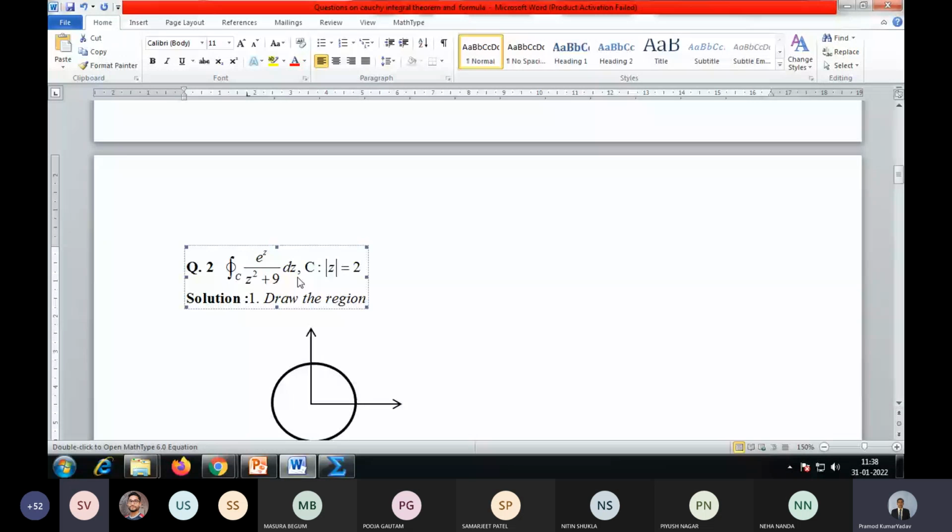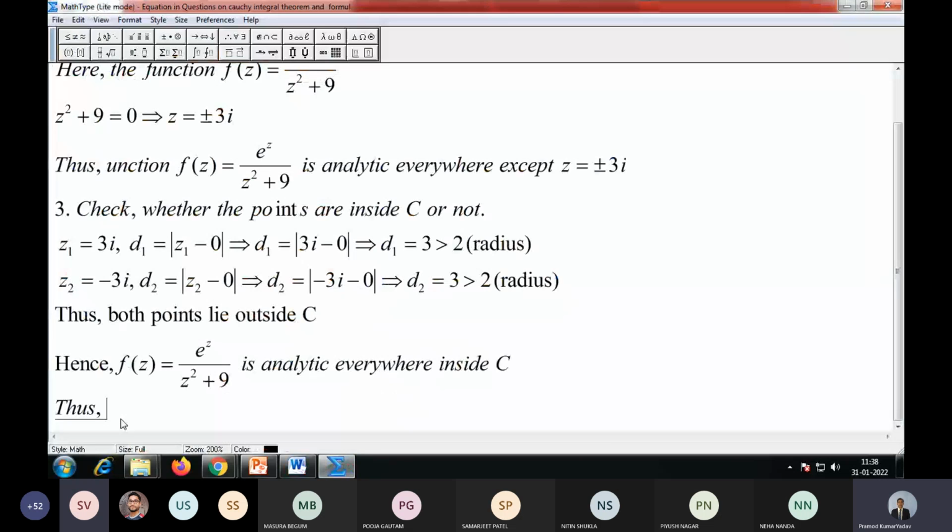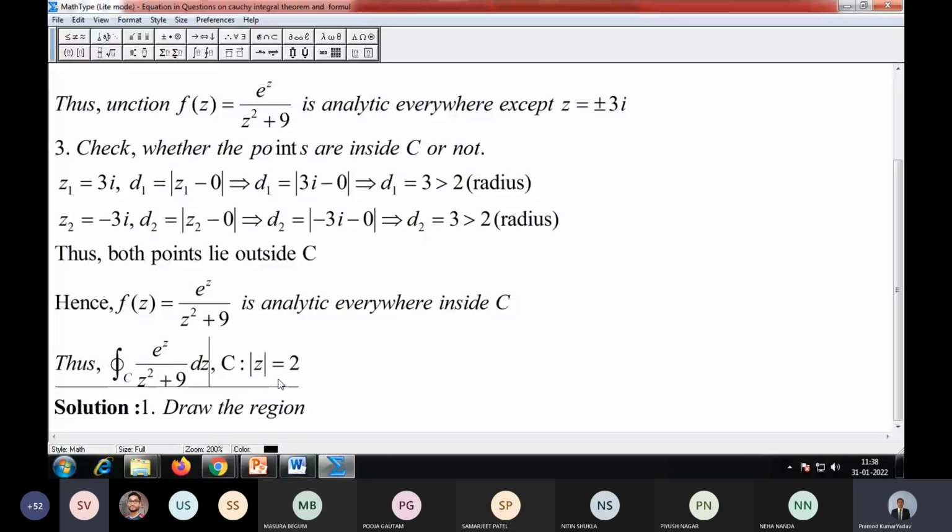I hope the procedure of the integration is now clear. Thus the integration of this one is equal to 0. Yes Nitin, is it okay?